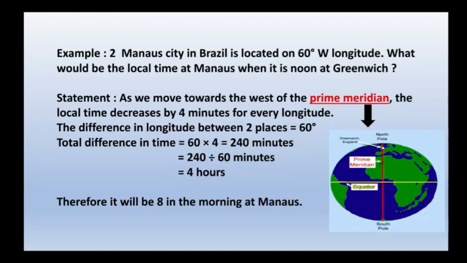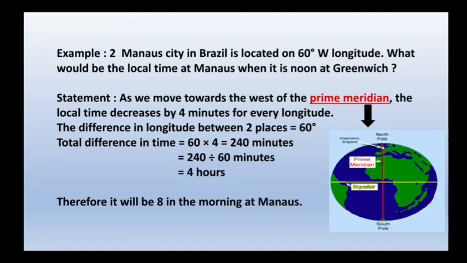Let's take another example. Manaus city in Brazil is located on 60 degree west longitude. What would be the local time at Manaus when it is noon at Greenwich? As we move towards the west of the prime meridian, the local time decreases by 4 minutes for every longitude.